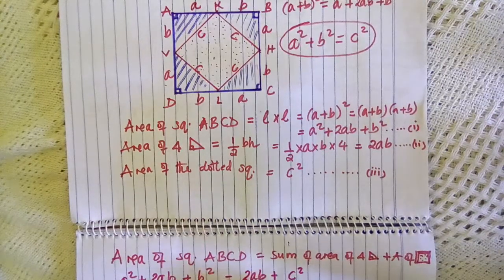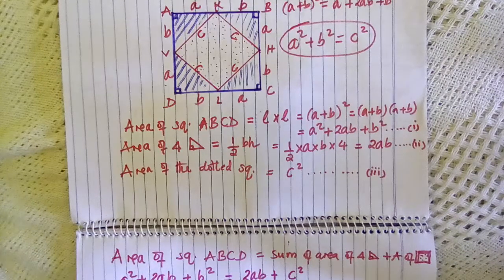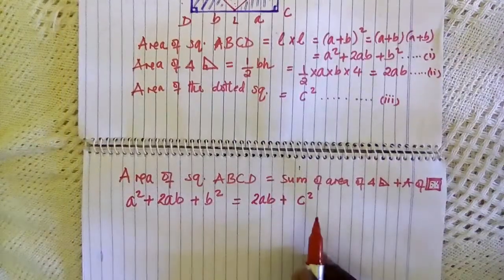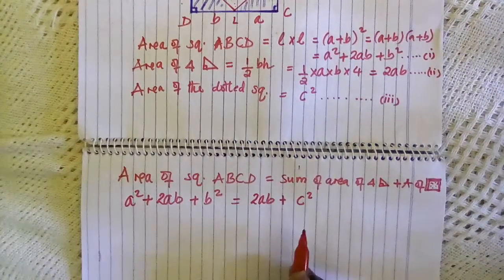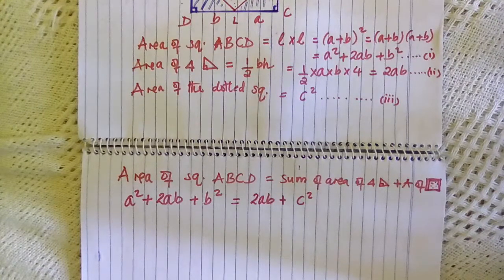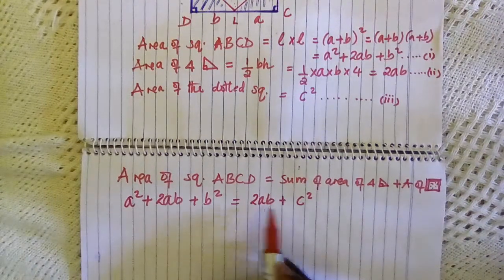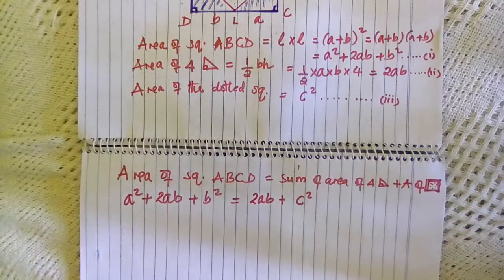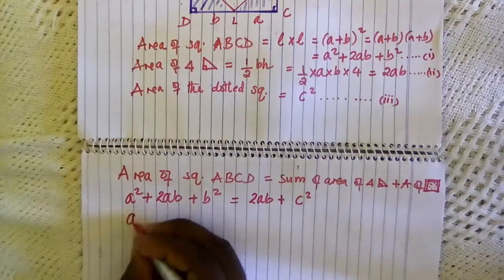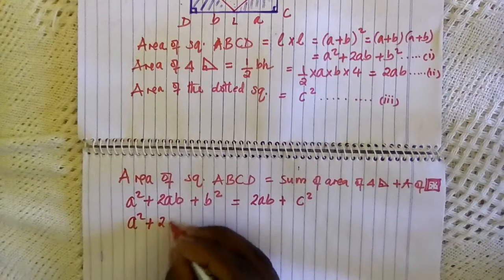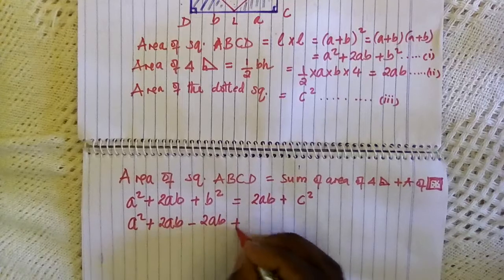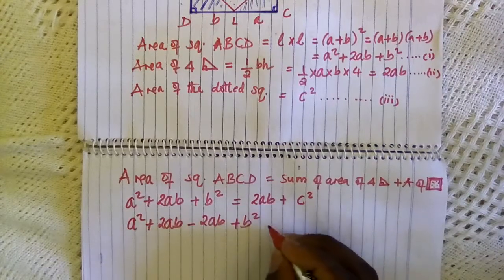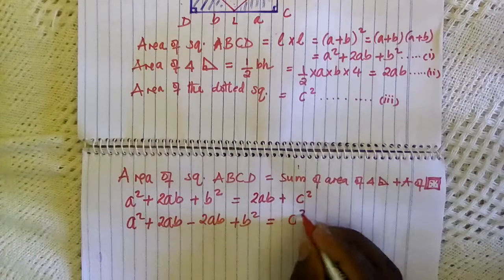So at this point, this is clear. Right, so we can cancel everything out. Now we can take twice ab to the left side, and then we just cancel it out. So a squared plus twice ab minus twice ab plus b squared equals c squared.